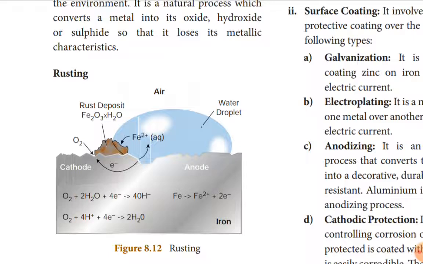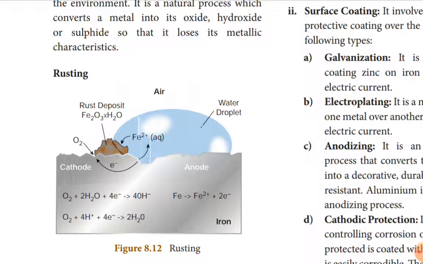These are the three important elements for the destruction of iron: oxygen, water and carbon dioxide. They slowly damage the iron metal and turn it to rust, hydrated ferric oxide.